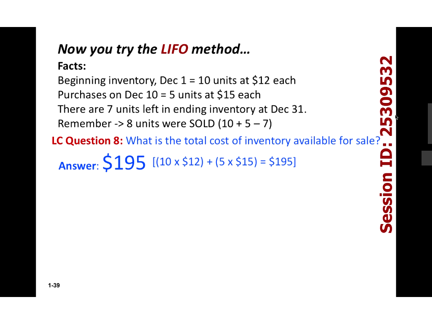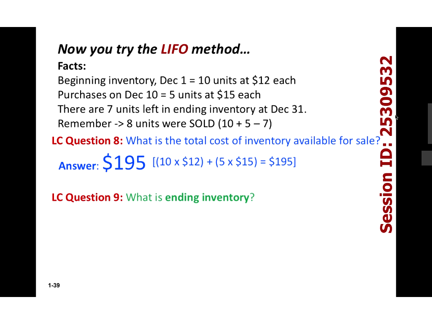Okay, so now with LIFO, what is ending inventory? Ending inventory, there's 7 units left in ending inventory. Under LIFO, ending inventory is our earliest inventory. LIFO means we're selling our most recent purchases first, so LIFO is our oldest stuff.